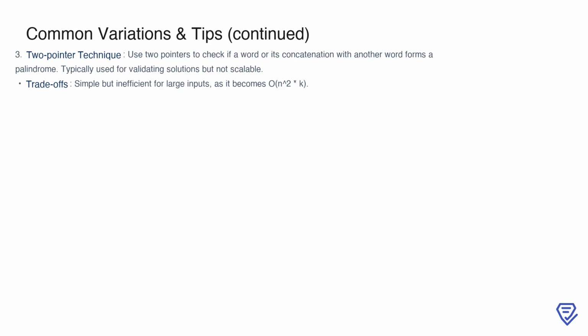The reason is its time complexity, which remains O(n² * k), making it inefficient compared to hash map or tree-based solutions. However, its simplicity makes it a useful tool for validating results during initial problem-solving stages or for understanding the mechanics of palindromes. When applying this method, always keep the trade-offs in mind and be ready to explain why it might not be the best choice for large datasets in an interview setting.